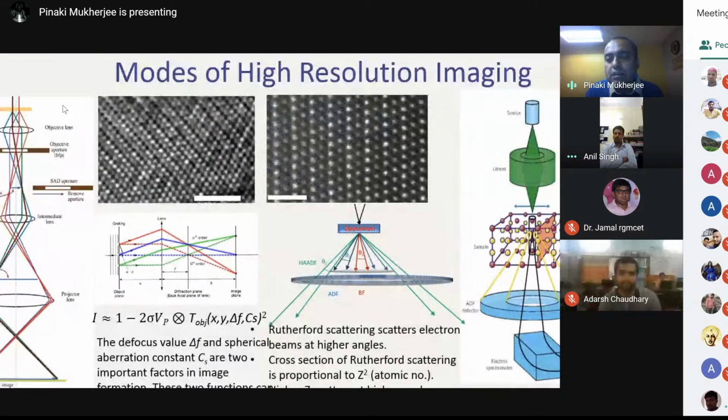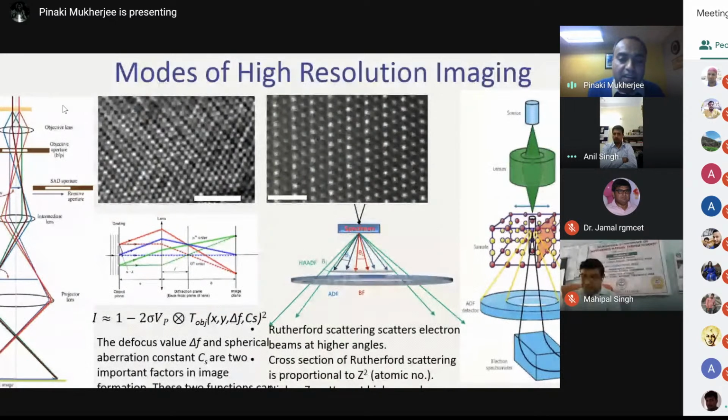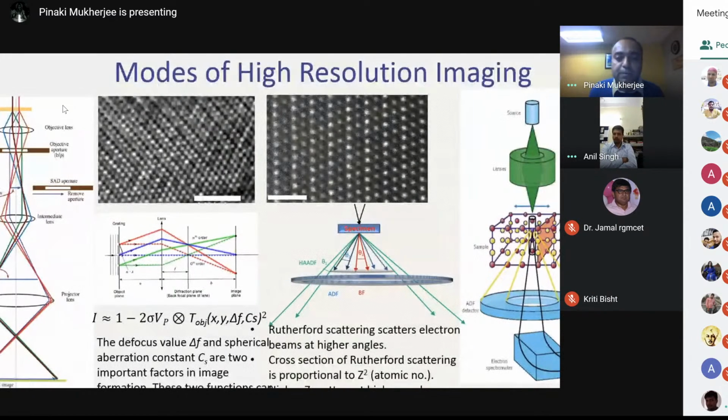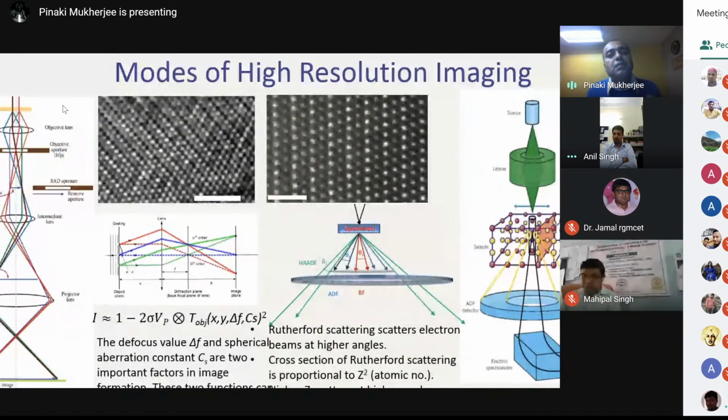The usefulness of this is that the scattering cross section is proportional to Z squared, where Z is the atomic number, and so the image contrast is actually proportional to Z squared. And if two or more types of atoms are present in your sample, occupying different positions in the unit cell, just directly from the image you can interpret it.